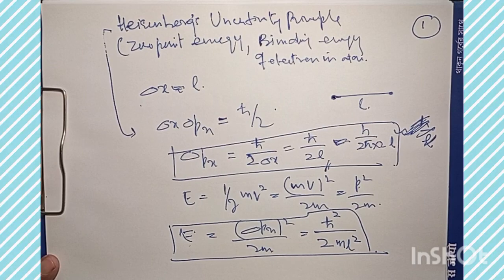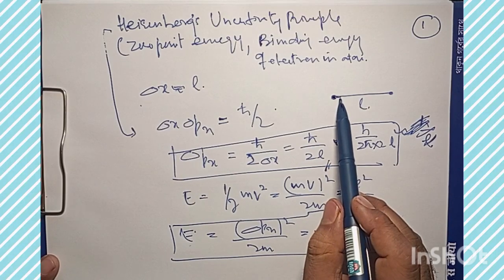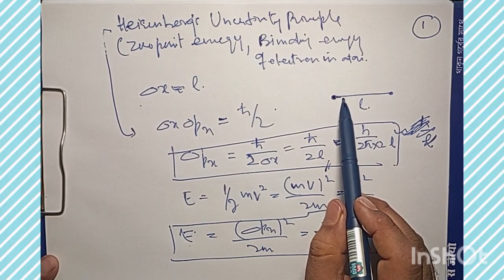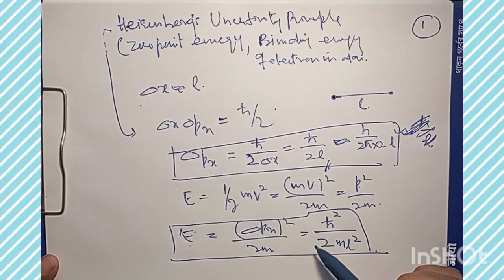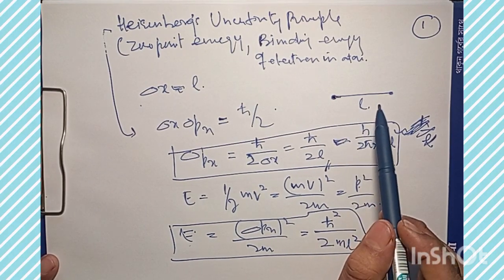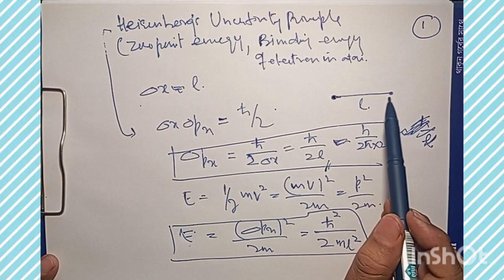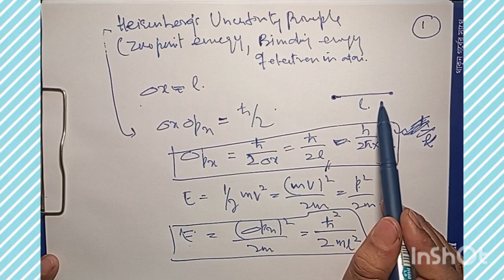Now, this is the minimum energy possessed by a particle which is confined in this one-dimensional box. And from this equation, we can conclude that a particle confined to a region of space cannot have zero kinetic energy. It's confined in a space with no interaction, with nothing.